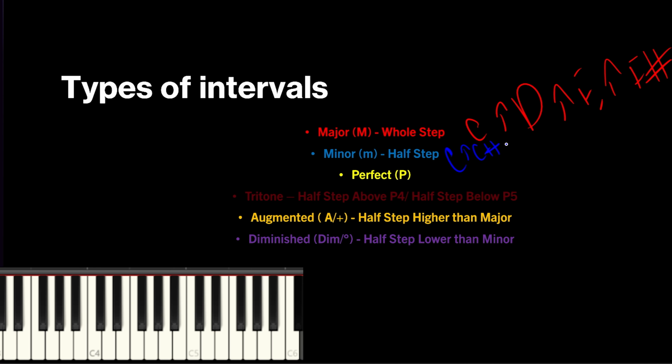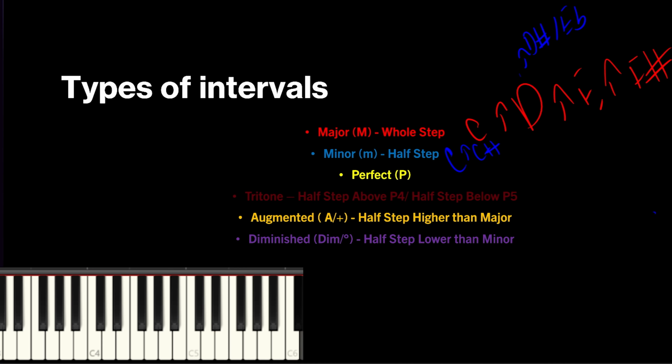Now, if we go up a half step from this D, it would be a D sharp / E flat. We would use E flat in this context because we already have a D. If you don't know what I'm talking about, watch the last video, I go over that. So we would have an E flat. E flat is the minor third up.